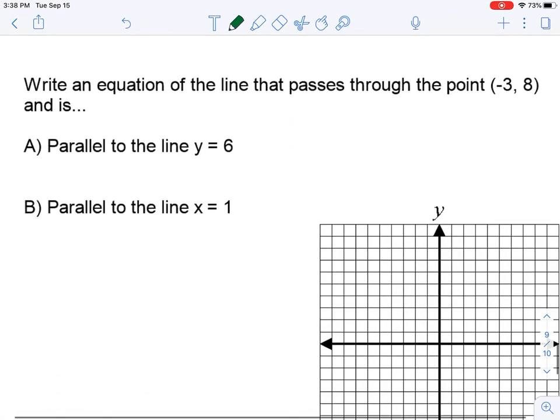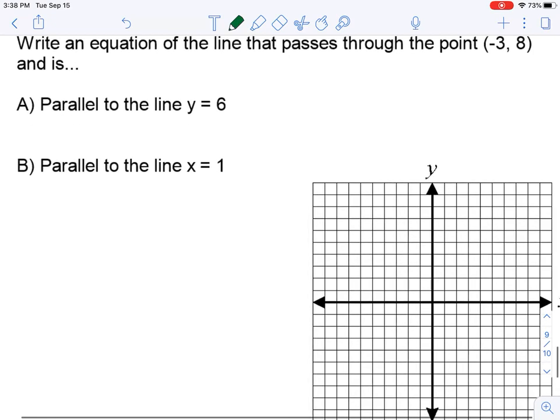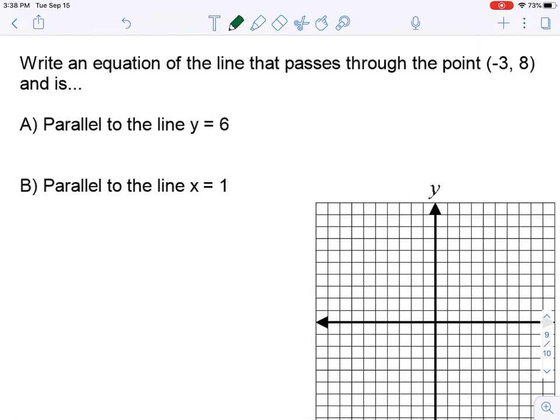So we are going to write an equation of the line that passes through the point -3, 8 and is parallel to the line y equals 6 and parallel to the line x equals 1. Now these guys kind of get confusing for me, so I would suggest graphing these as often as you can just to visualize them. So we want our line going through -3, 8.